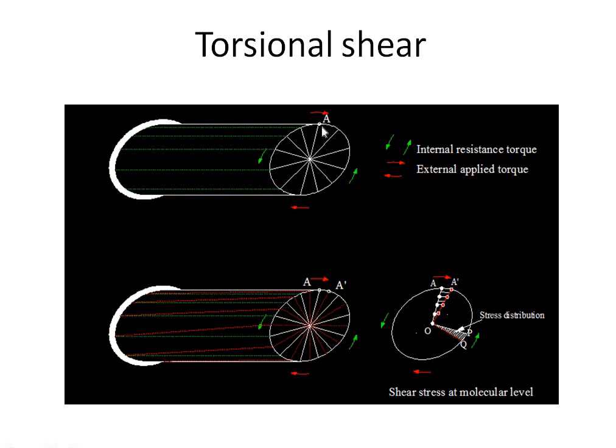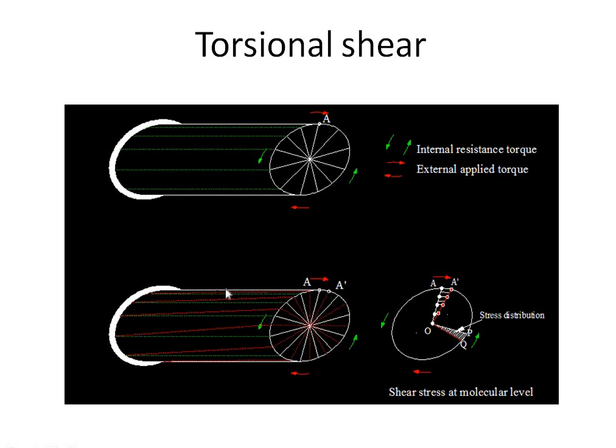So assume a molecule at the point A, right? So now due to the application of the torque marked in the red color arrow, look at the image here. Previously it was at A, and after deformation it has moved to a new point A dash, right? So it is stressed.